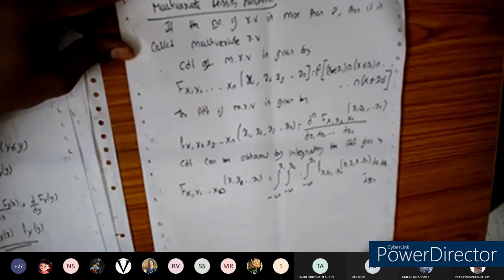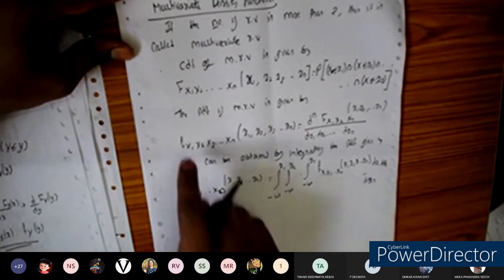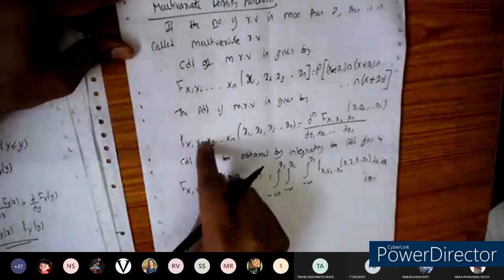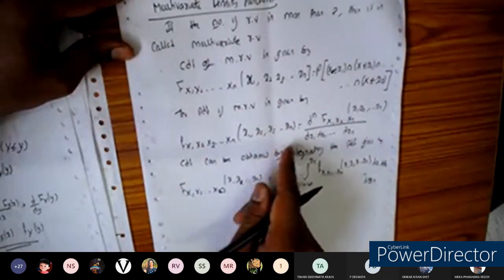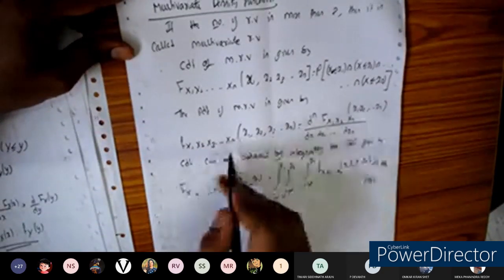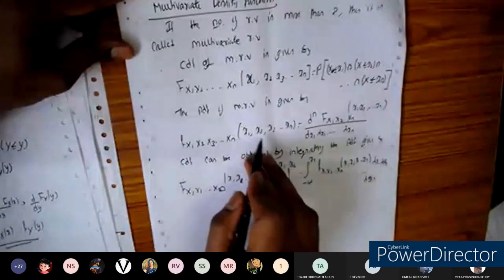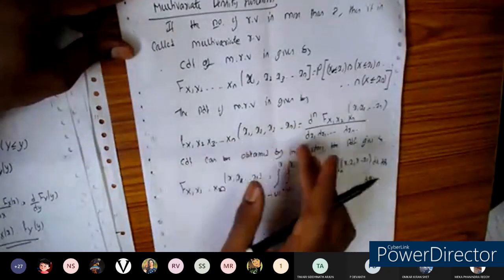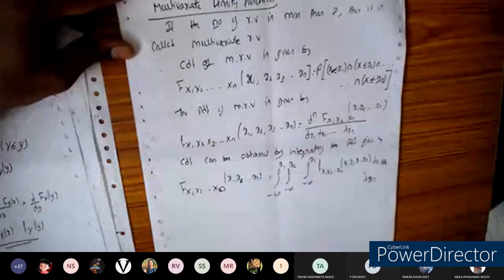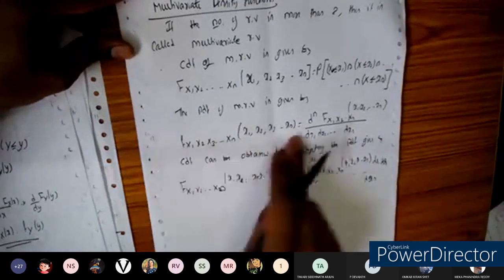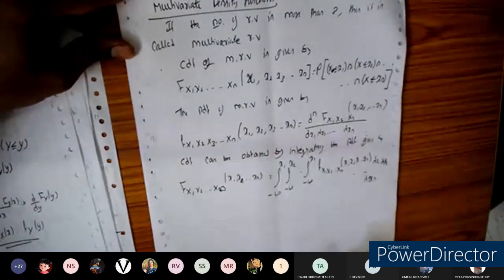Another property of the PDF is that the area under the PDF equals 1. For a single random variable we take the area, for two random variables we take the volume, and for multiple random variables we again consider the volume.